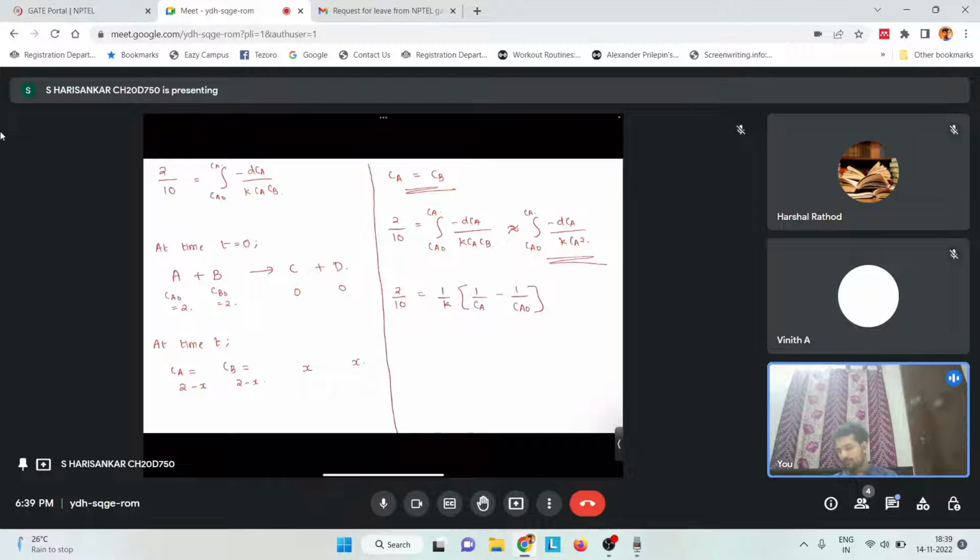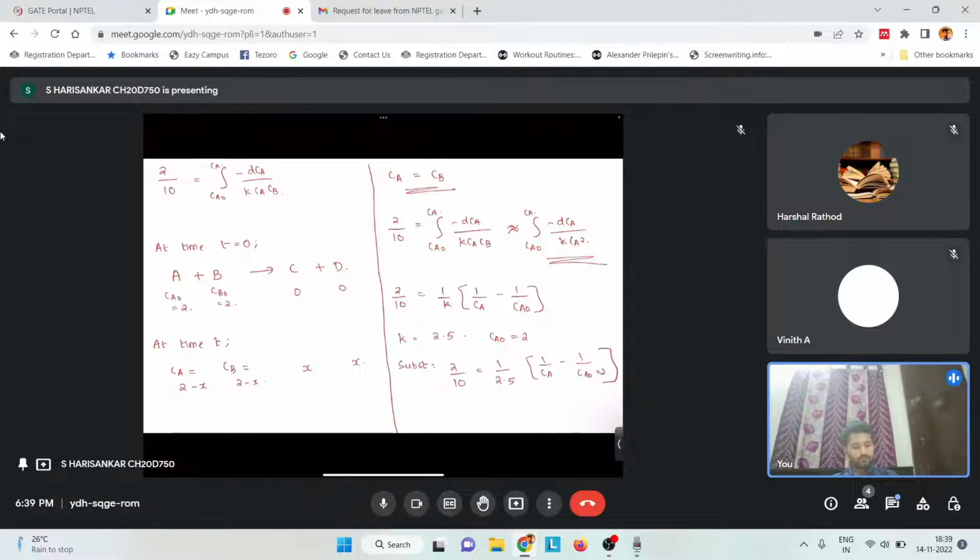Also in the question it is given that k is equal to 2.5. So substitute these values and just find the value of Ca. We have k is equal to 2.5. We also have Ca0 is equal to 2. Substituting these values, we get 2 by 10 is equal to 1 by 2.5 into 1 by Ca minus 1 by Ca0, which will be 2.